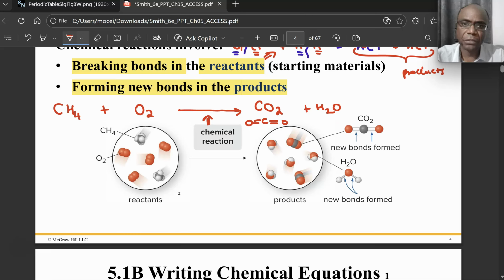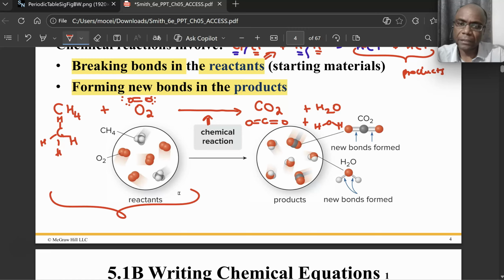In this case, you have CO2 and you have water. So bonds are formed on the right side, but on this other side, the CH bonds are broken, including the O=O oxygen double bond. Okay, so on the reactant side, there is bond breaking.